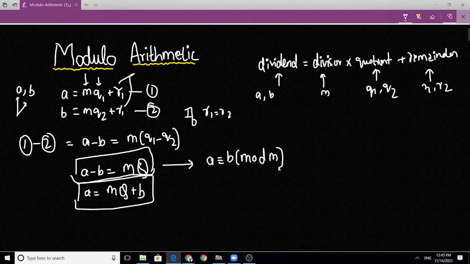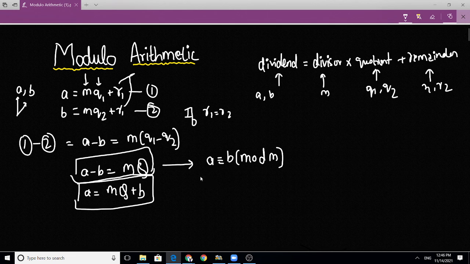In modular arithmetic, I do not care about the quotient when a minus b is divided by m. I only need the divisor which is dividing a and b, and the remainder we're getting. So a is congruent to b mod m.